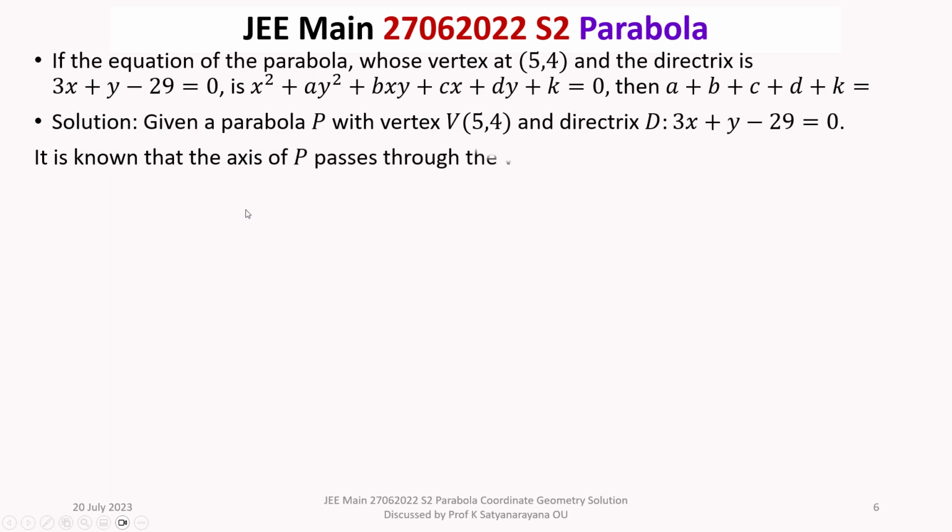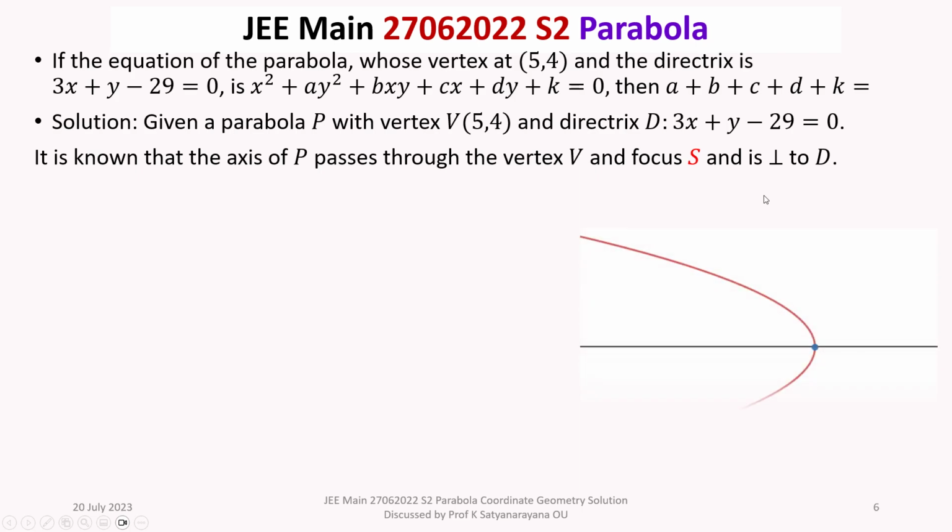It is well known that the axis of the parabola passes through the vertex V and its focus, which we call S, and that axis is perpendicular to the directrix D. So let's look at the diagram.